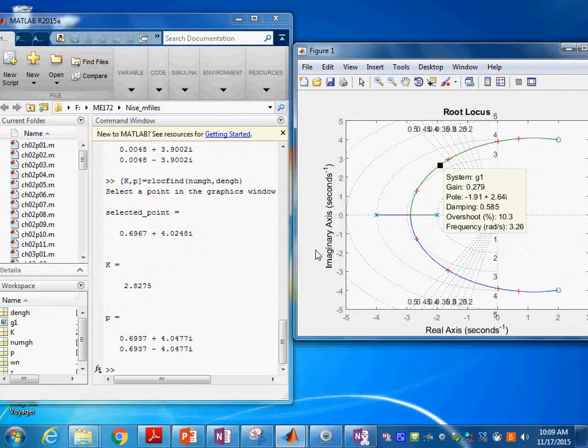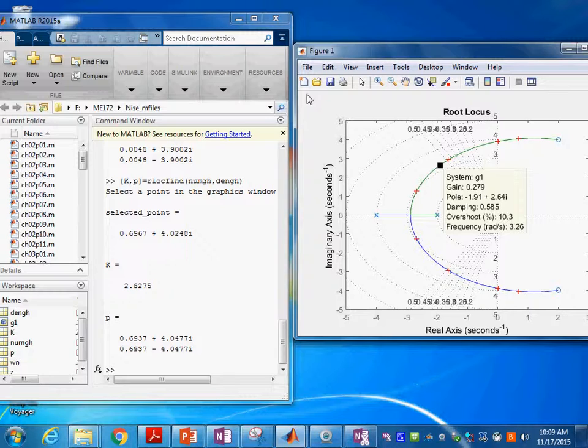See what this is telling you? It marks it on the root locus, but it's telling you it's 0.6 positive, then plus or minus 4 point. So it's positive this way and plus or minus the other way. So you know that's the point where the system is unstable on the right hand side.